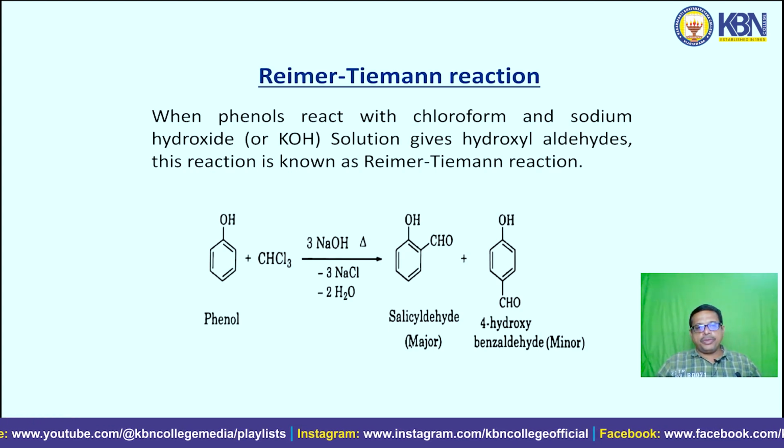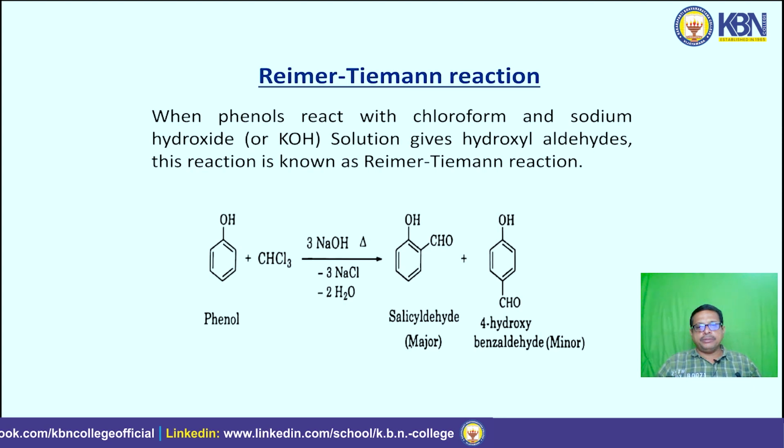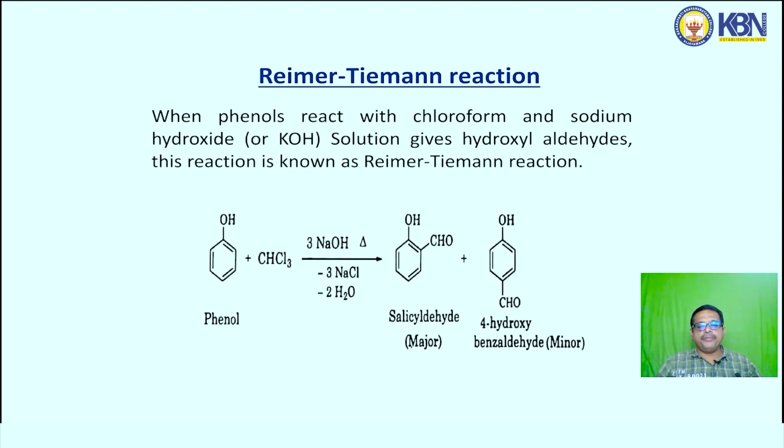For example, when phenol reacts with chloroform, CHCl3, and sodium hydroxide solution under hot conditions, it gives hydroxyaldehydes, here salicylaldehyde and 4-hydroxybenzaldehyde. Salicylaldehyde is the major product, 4-hydroxybenzaldehyde is the minor product. This reaction is called the Reimer-Tiemann reaction.